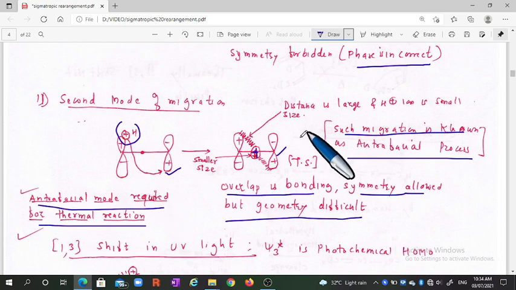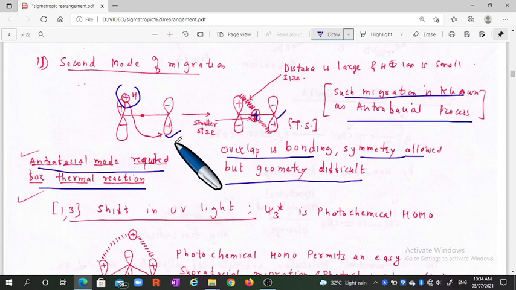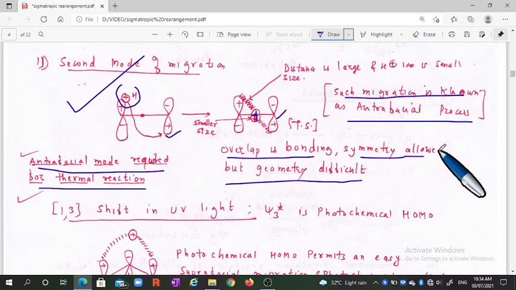If we try to forcefully carry out the reaction thermally, it can be possible by this second migration way, but as discussed it is symmetrically allowed but geometrically difficult. That's why the 1,3 mode of migration is a thermally not allowed reaction.